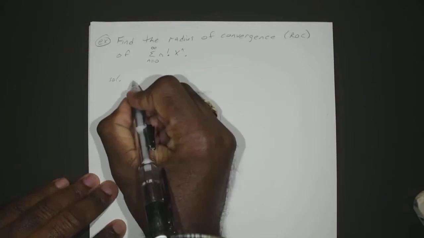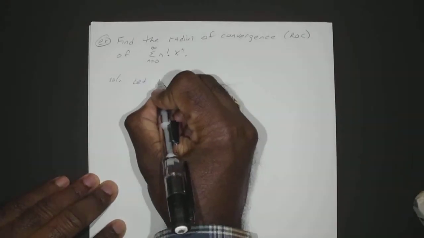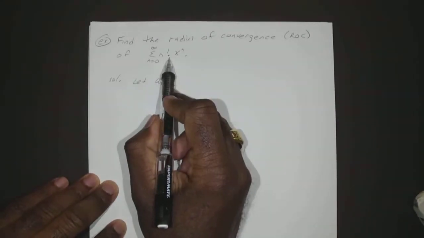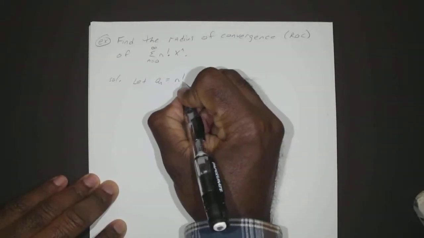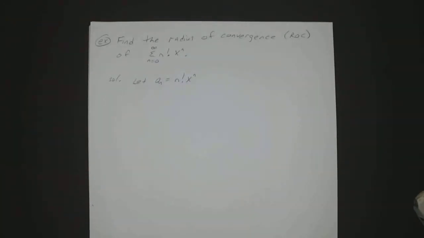Okay, so we're going to let our a sub n equal n factorial times x to the nth power.